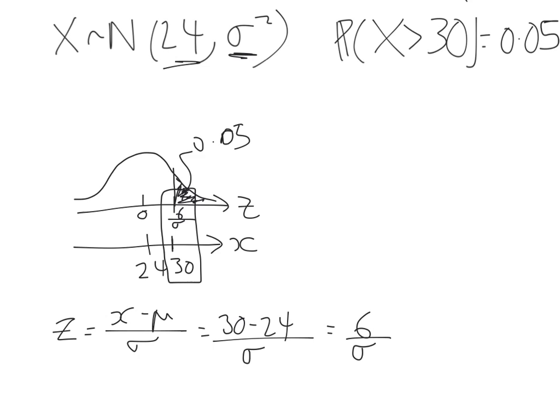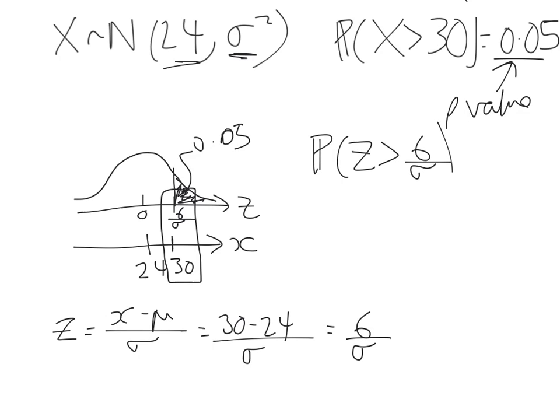And that tells us that the probability that z is bigger than 6 over sigma, when that's equal to 0.05, then this is going to be equal to 1.6449 in the p-value table.